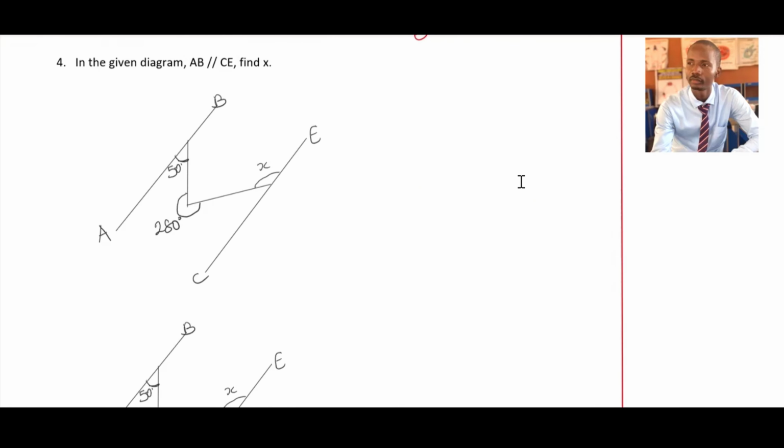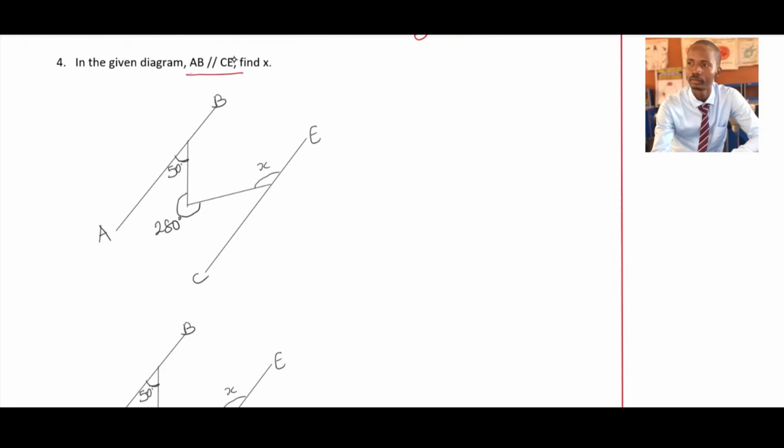Now, look at it. It may appear a little bit confusing, but there's something I would introduce here that will make it simpler. In the given diagram, line AB is parallel to line CE. It may not be written, and you can see the arrows are not there.